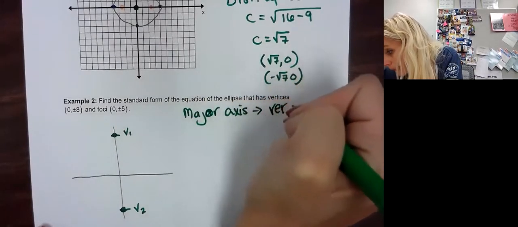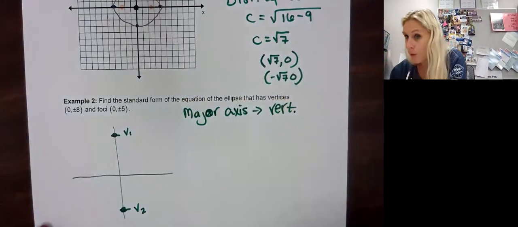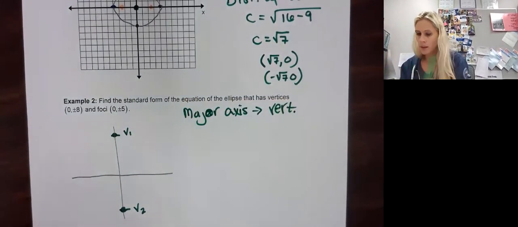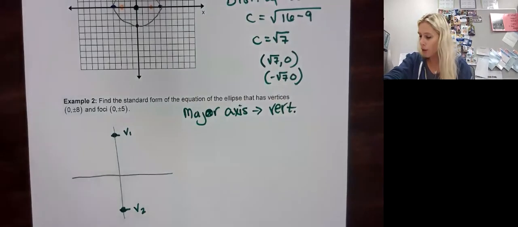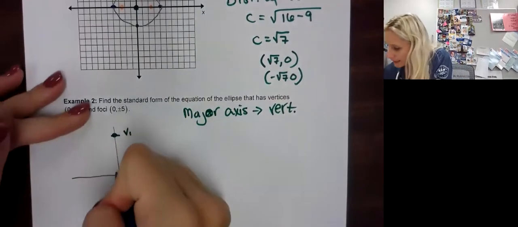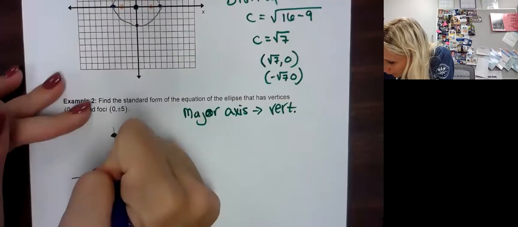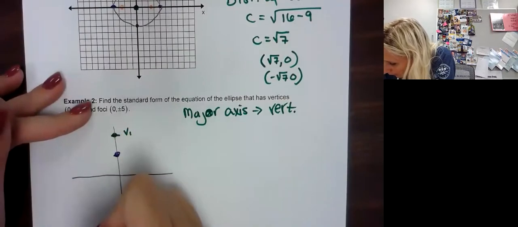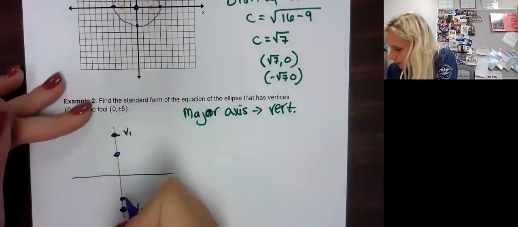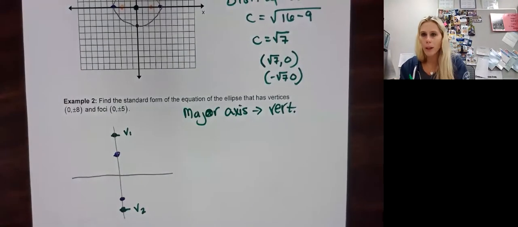Which also means that B should be greater than A. Let's see, our foci is 5 and negative 5 there. Okay, I know I'm a little off with my graphing, but okay.